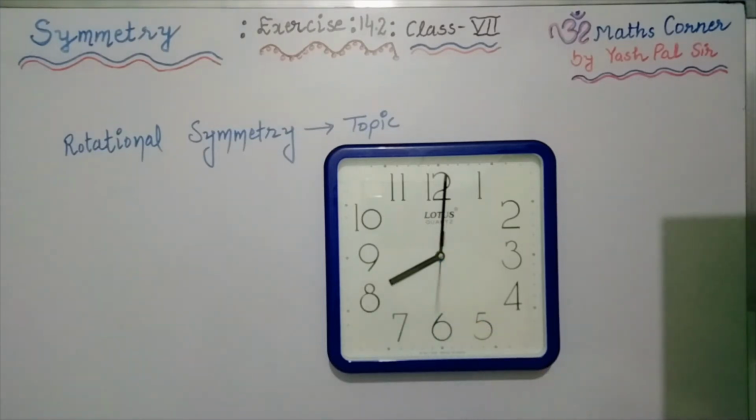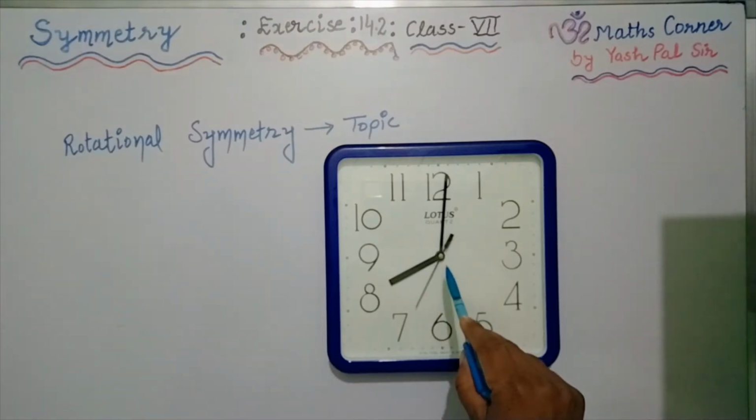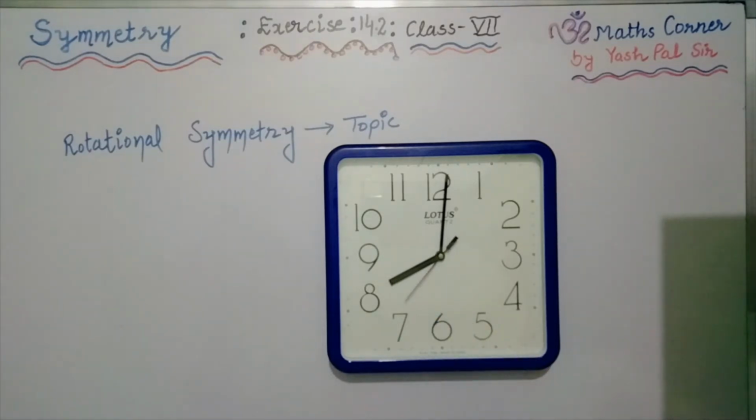This point is called the fixed point, the center of the clock face. Rotation like the movement of the hands of a clock is called clockwise rotation. Otherwise it is called anti-clockwise.